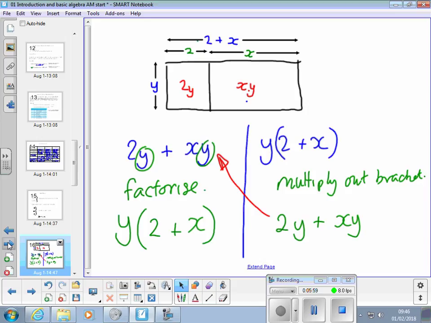And so from the two different ways of looking at that diagram, we can see there's two different ways of expressing it algebraically. And we can change from one to the other through the processes of either expanding the brackets to go from this expression to that one, or factorizing that one to go to the one over this side.